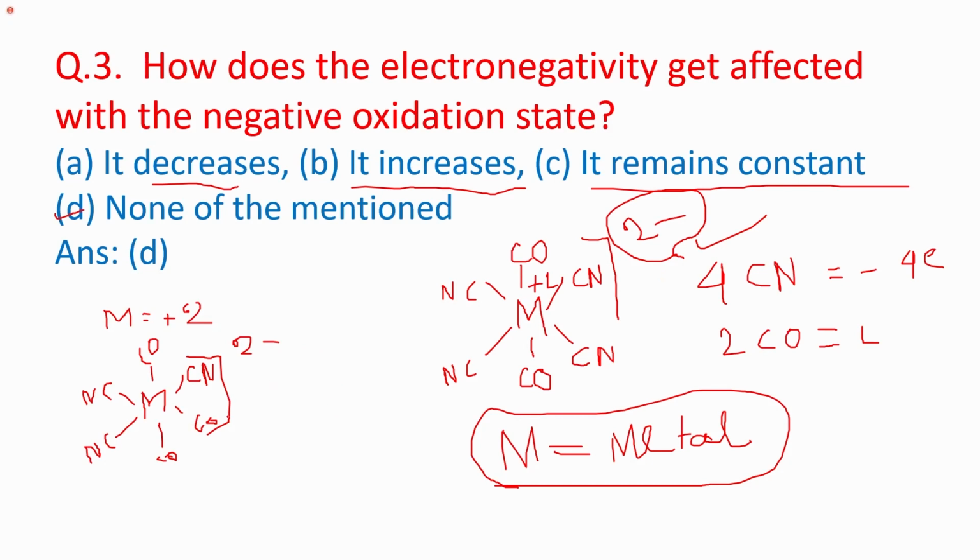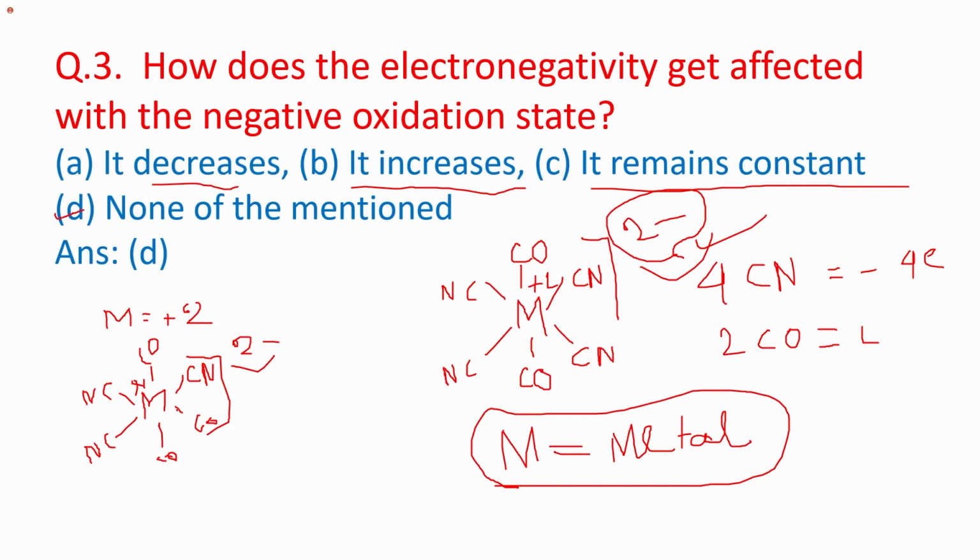But here the oxidation state is plus 1. So now it depends on the metal oxidation state. The electronegativity depends on the metal oxidation state, not on the whole negative charge. It depends on the central atom. In the case of complexes, the metal is ligated to other ligands, so that's why it's known as a complex. But it depends on the oxidation state of the metal, not the whole charge of this molecule.